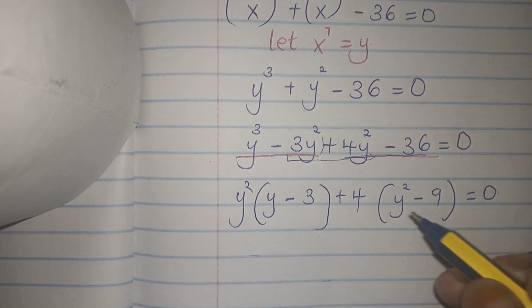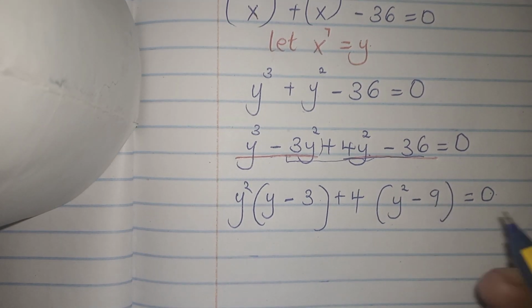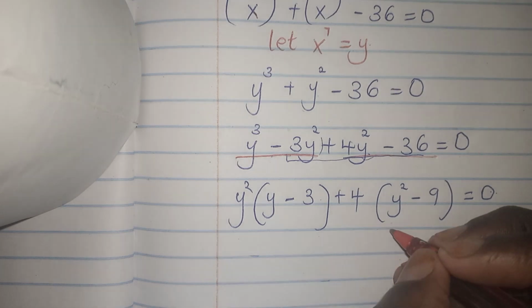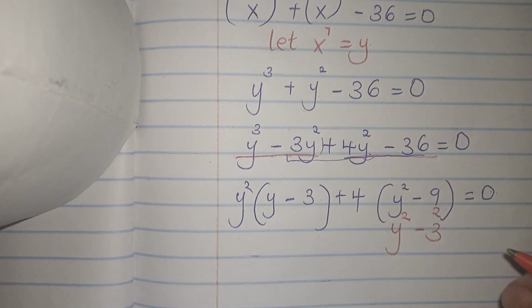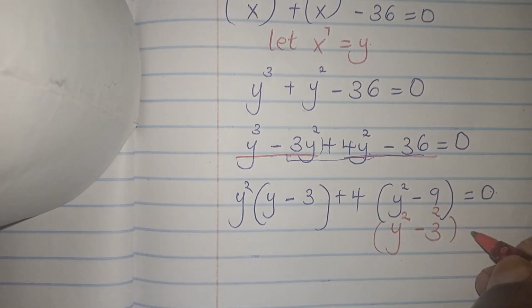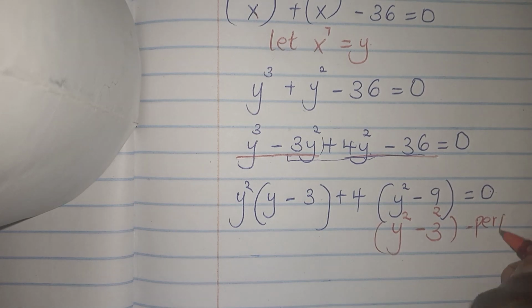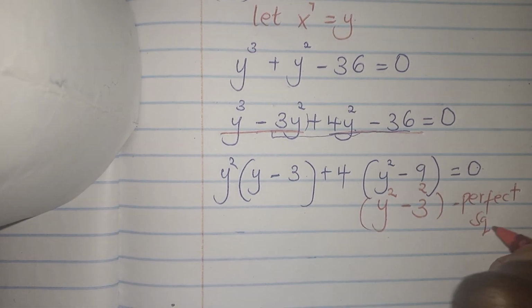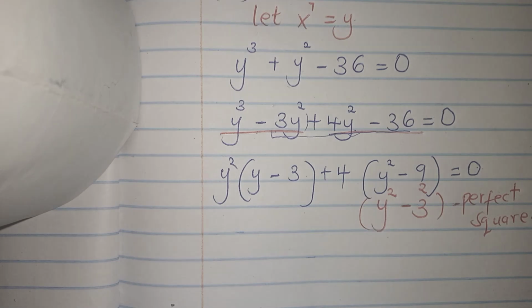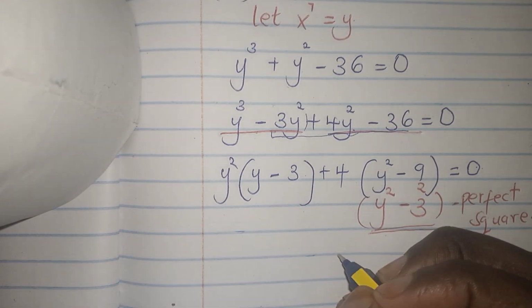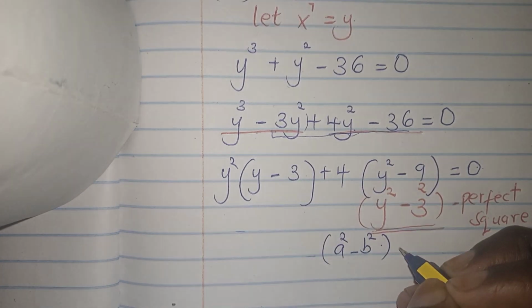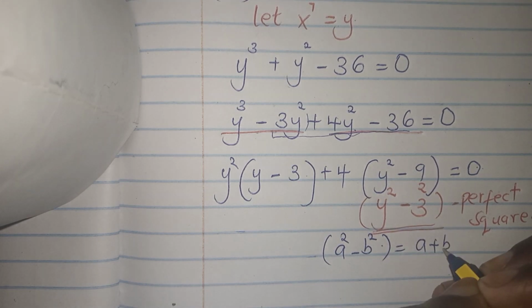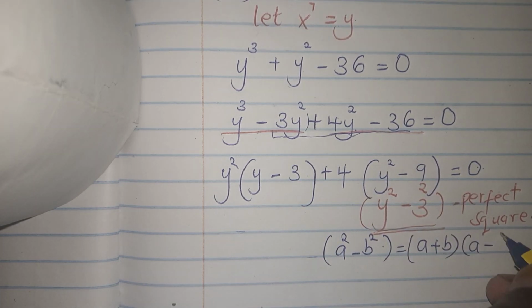Okay? For this y squared minus 9, I can as well write it as y squared minus 3 squared, so that it can form a difference of squares. I'm going to solve this using this formula: if you have a squared minus b squared, it is the same as writing a plus b into a minus b.